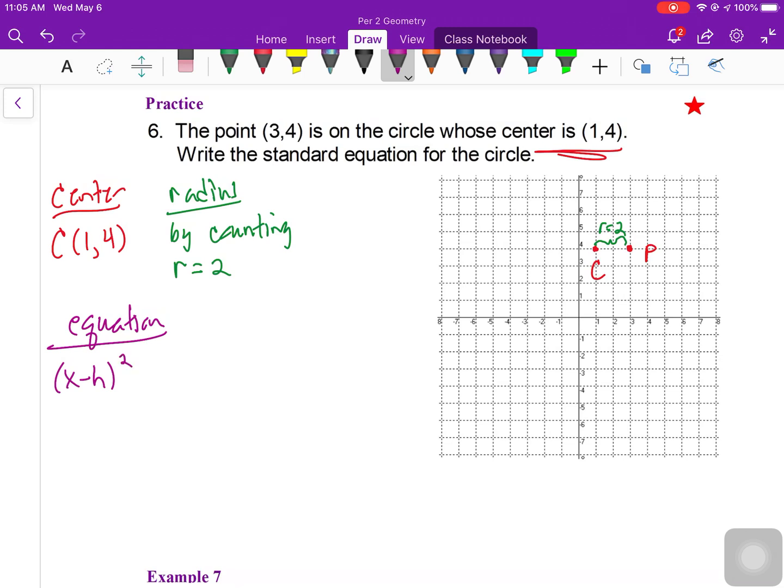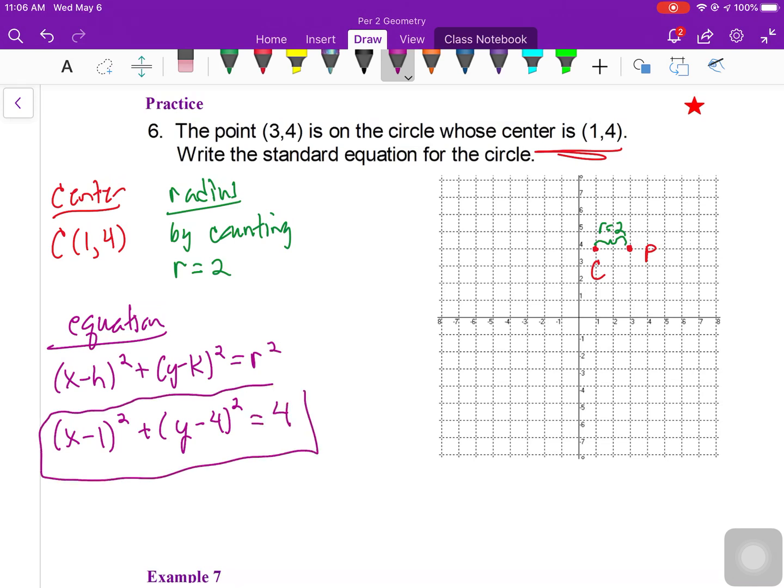Since the center is not at the origin, for our equation, we use the form (x - h)² + (y - k)² = r². Again, we're using the opposite of the center point, so (x - 1)², and then (y - 4)². And when we square that radius, 2 squared is 4.